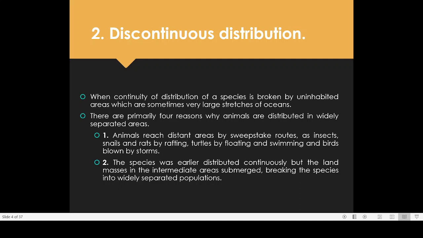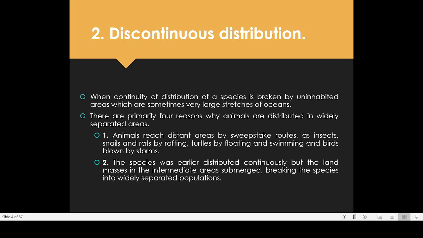So the water can bring large trees, and sometimes on the branches of these trees, small insects, spiders, or sometimes smaller mammals can easily survive for many days. So by that mechanism, these animals can easily reach some islands. So these are the processes by which animals are reaching.